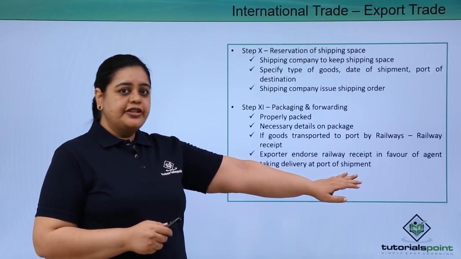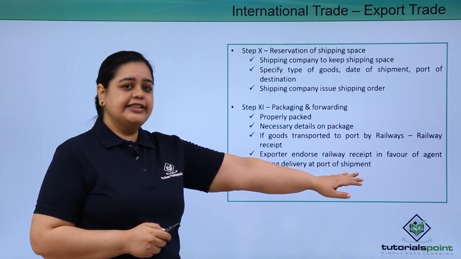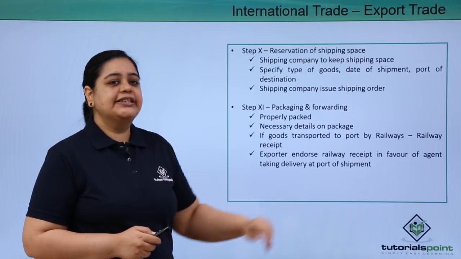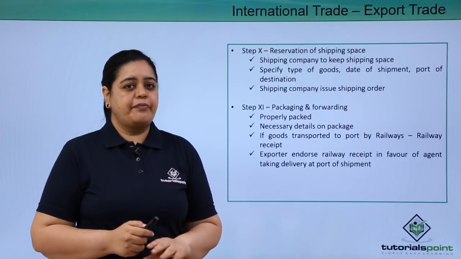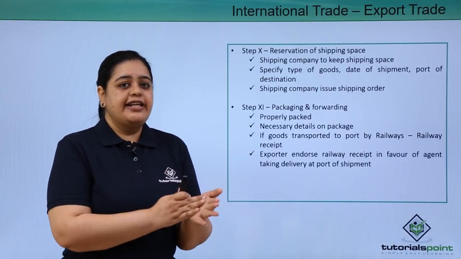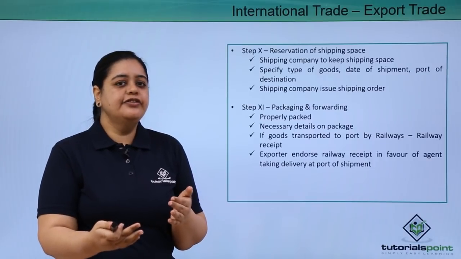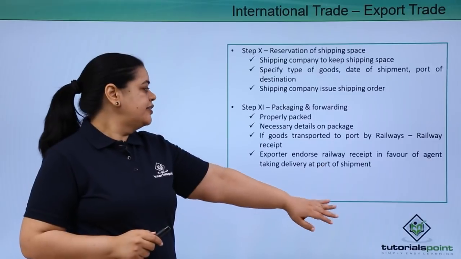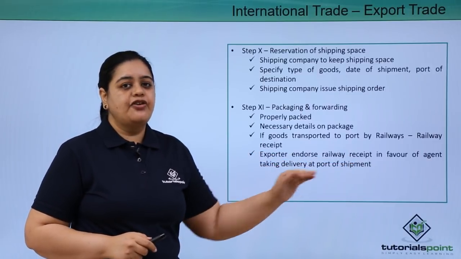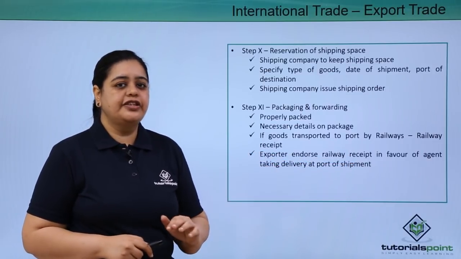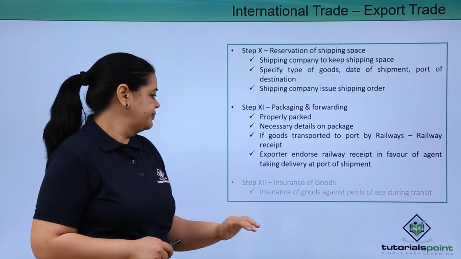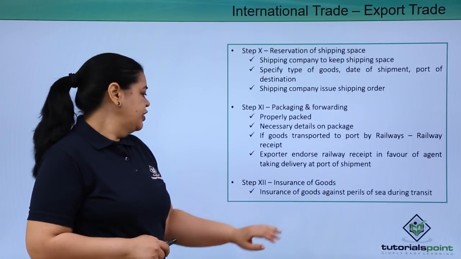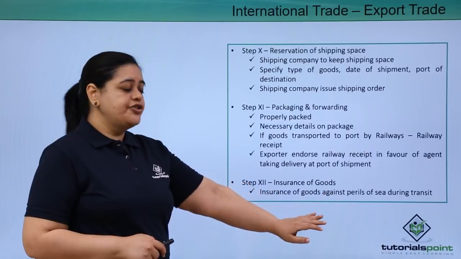Now the exporter will endorse the railway receipt in favor of the agent who is taking the delivery at the port of shipment. Why? Because the railways would only give the goods to the person who has that railway receipt, and hence the exporter has to endorse the railway receipt in the name of the agent.